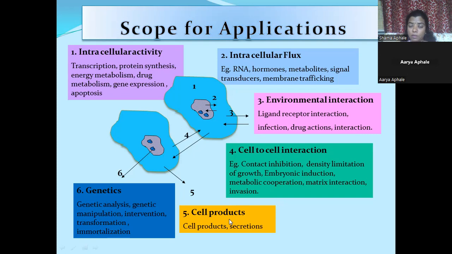Cell products are a major upcoming field in the biopharmaceutical industry, where we are producing a number of cells and their secretory products which can be used for therapeutic purposes.